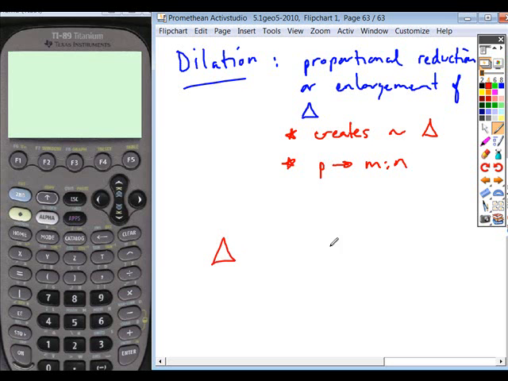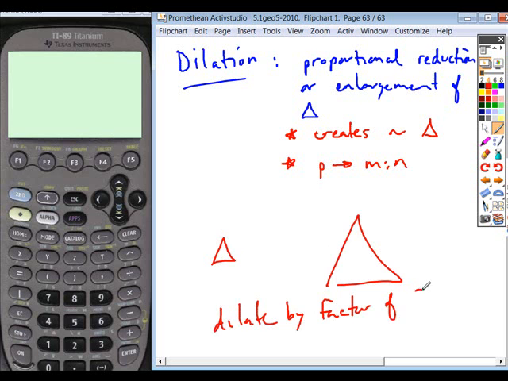And so if I take a triangle and I dilate it by a factor of 3, what that means is the ratio of any one-dimensional measurement, which is what parts represents, the P here, the ratio of parts is always going to be the dilation itself, 1 to 3.